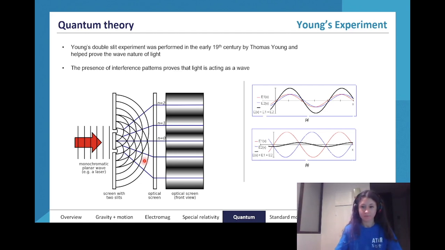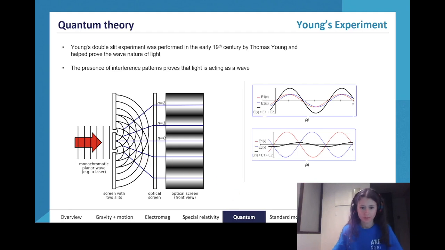This is where the two positive parts of a wave will collide and create an even bigger positive part, or the two negative parts will collide, or alternatively two opposing parts, a positive displacement and a negative displacement, will collide to cancel out.